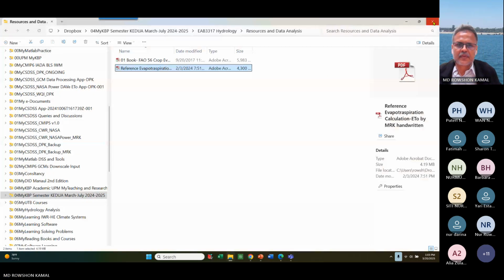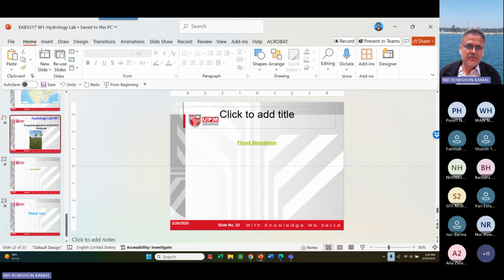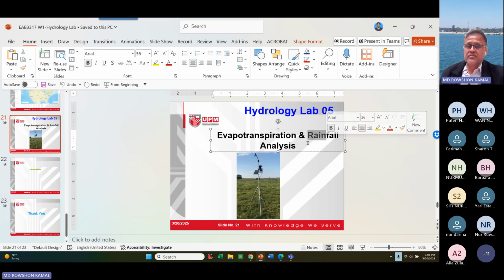Now, hold on. I will give you this one in advance. Then we'll do the rainfall analysis. That is your Lab 5 next week. In Lab 5 next week, I will explain the ETo calculation that I just showed you in my handwriting, and the rainfall analysis, because we have already downloaded the rainfall data from this website.